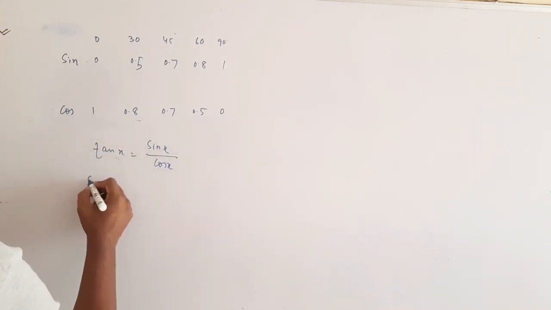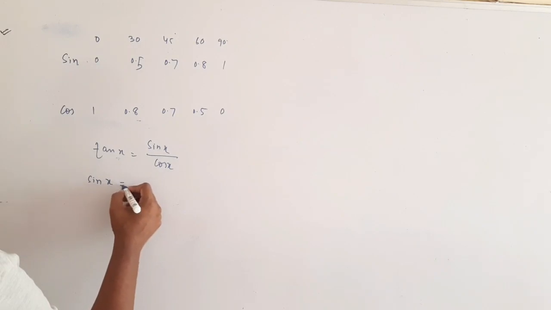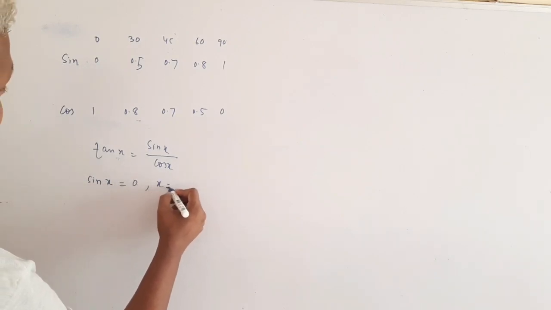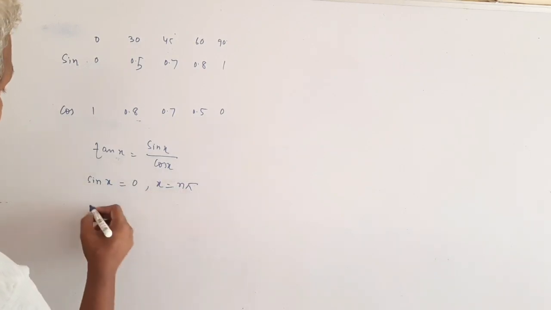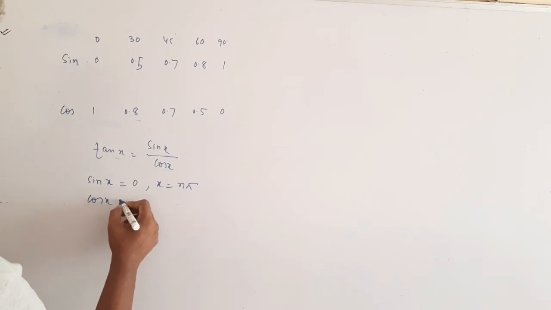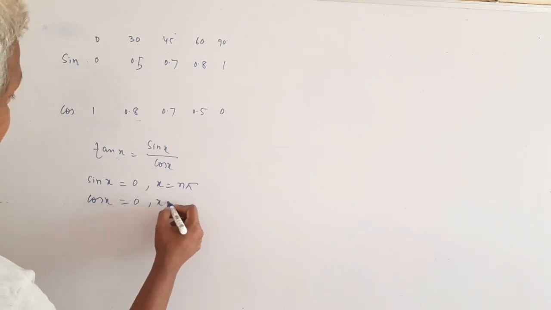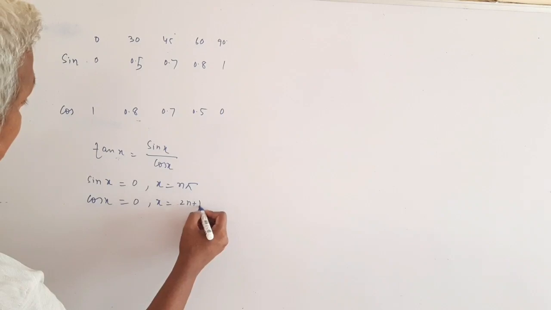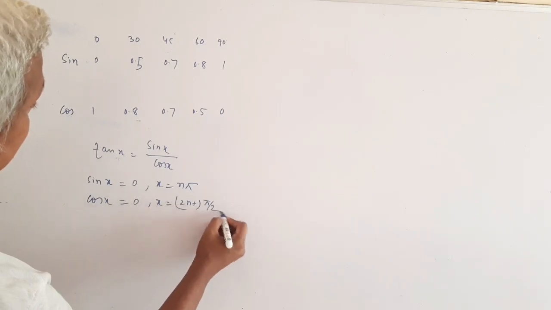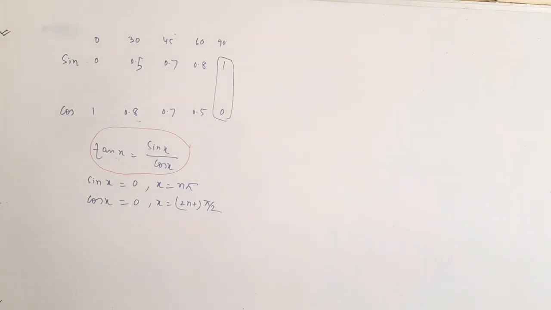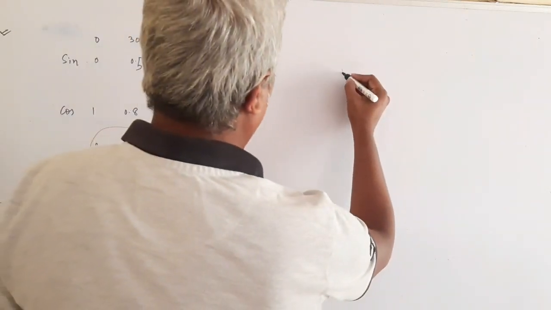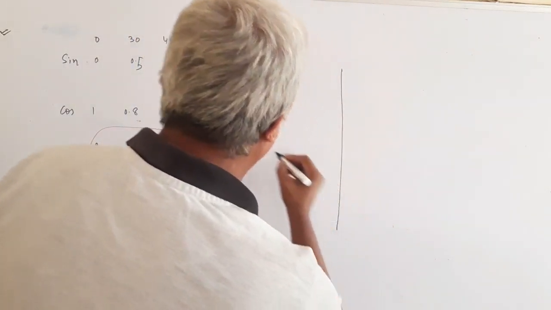At the same time, you have learned this: sine x equals 0 when x is n pi, and cos x equals 0 when x is an odd multiple of pi by 2, that is (2n+1) pi by 2. Okay, so let me plot my x-axis and y-axis first.